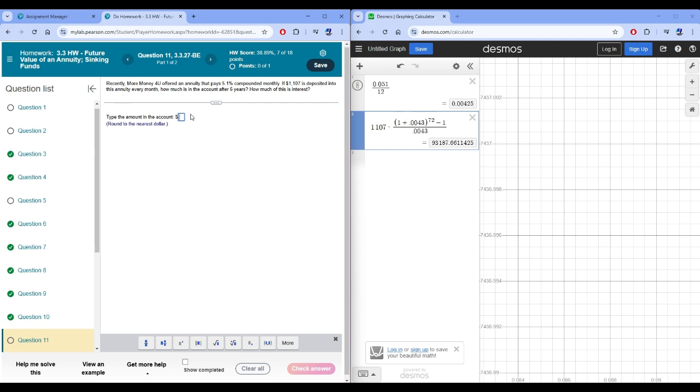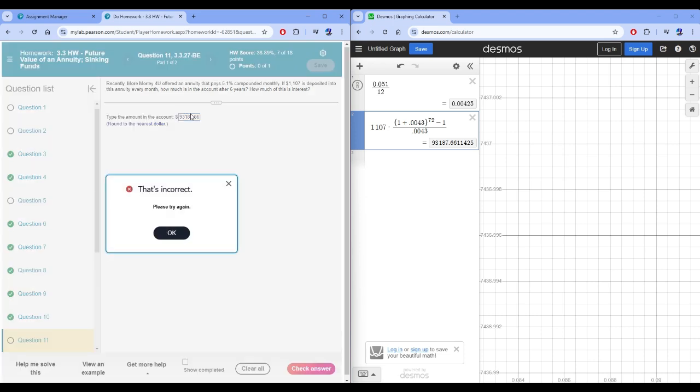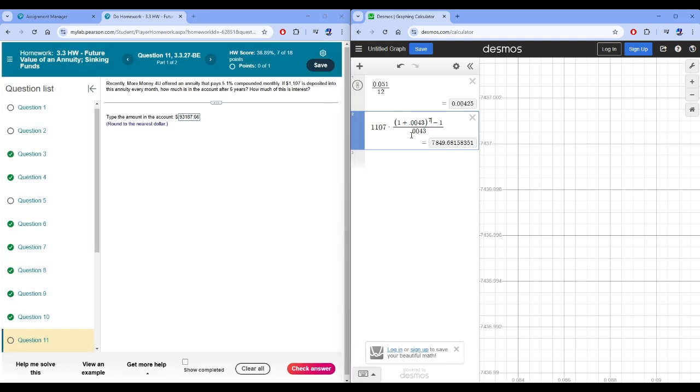So I'm thinking this account will be worth $93,187.66. Where did I make a mistake? How much is in the account after 6 years? So is t equal to 6? No. Because it's 6 years, that has to be 6 times 12 is 72. Oh, round to the nearest dollar.